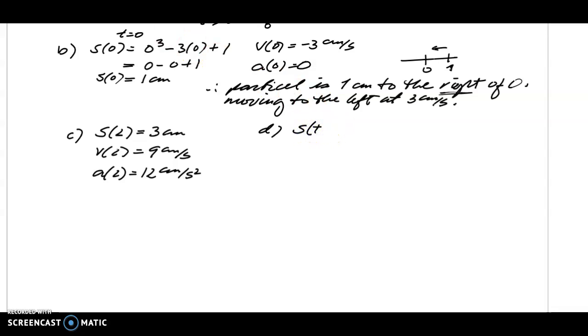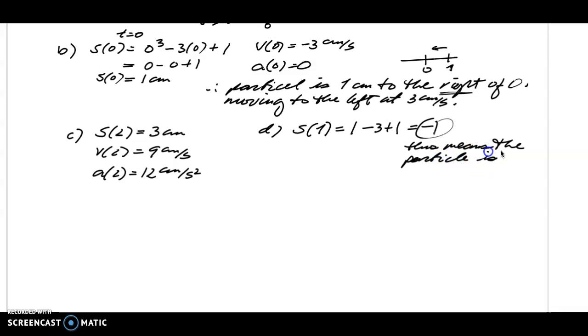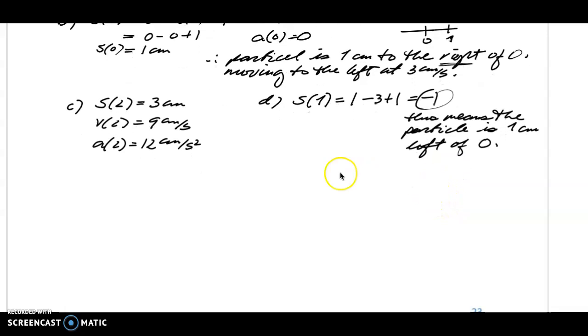So s of 1, well, that's going to equal 1 minus 3 plus 1, which is minus 1. So this means the particle is 1 centimeter left of origin, right?